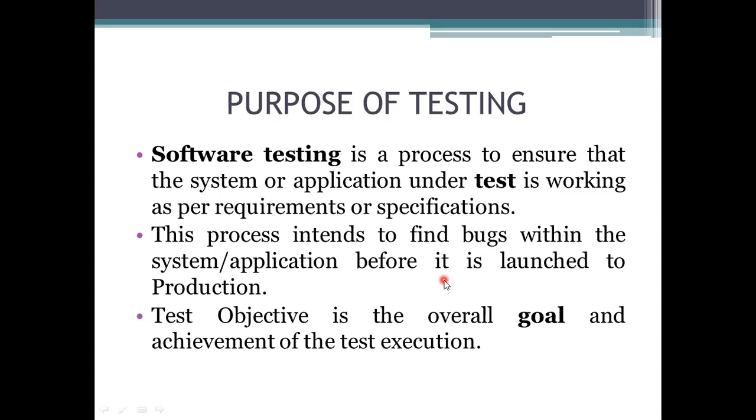Whereas a programmer checks whether the output is displaying, whether his or her program is executing or not. Whereas the tester has to check for the bugs only. He doesn't want to prove that it has been successfully executed.